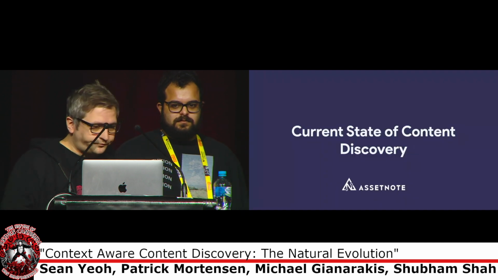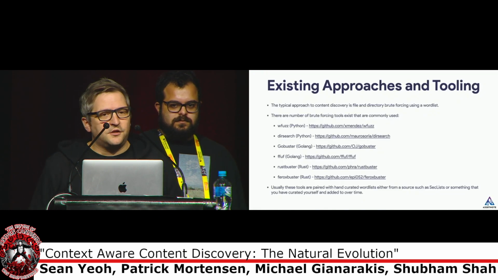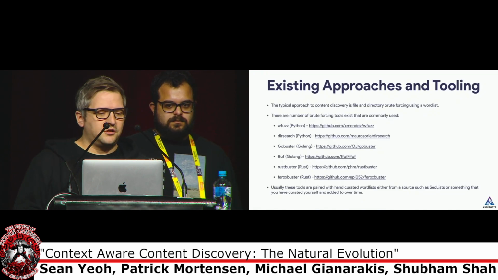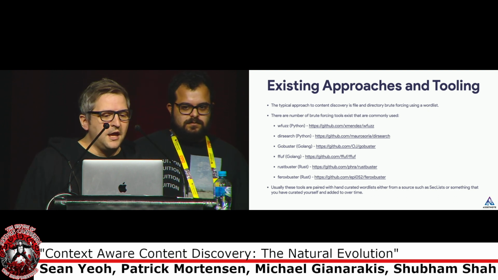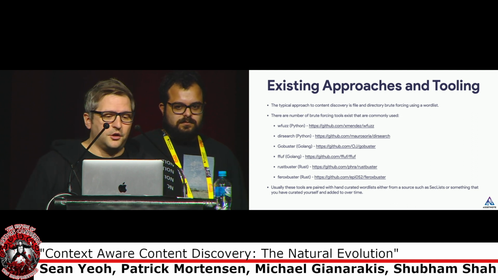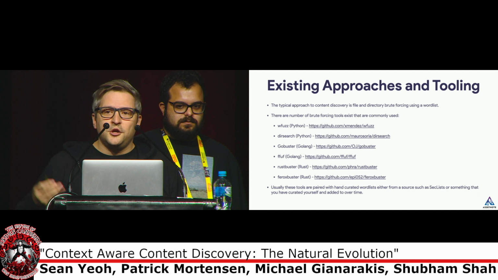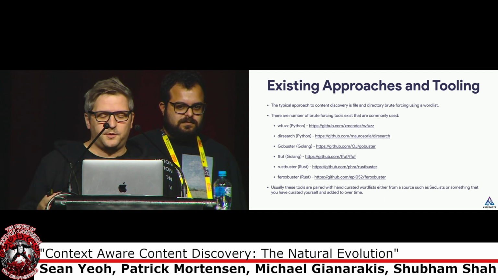Pretty straightforward. So if we look at the current state of content discovery and where it's at. As I mentioned, the typical approach to content discovery is just file and directory brute forcing using a word list. There are a number of great tools out there that are commonly used. So, there's WFuzz, DirSearch, more recently, things like GoBuster, FFuf, RustBuster, FeroxBuster.